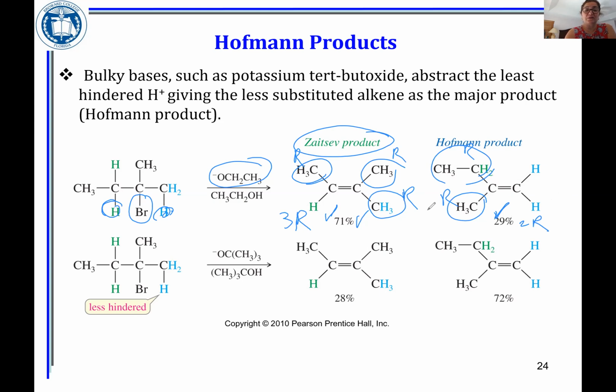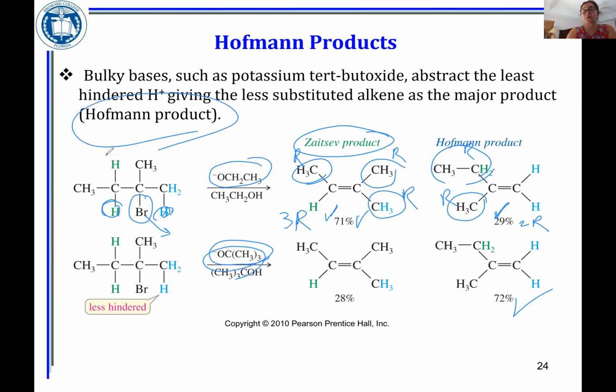It depends on the conditions of the reaction. Obviously, the leaving group has to leave, and then you have to remove a hydrogen. To remove a hydrogen, you need a base. If the base is not bulky, you will get the Zaitsev product. If the base is bulky, you would get the Hofmann product. This product is known as the Hofmann product.